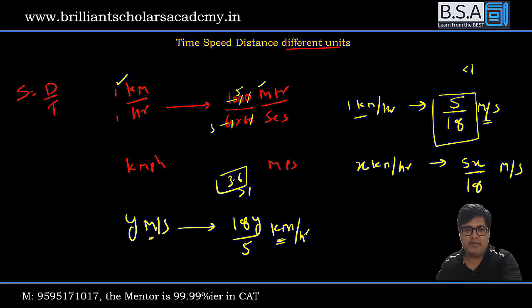So write down this stuff, comment done. We'll build upon this. I'll give you 10, 15 numbers to relate and remember. Jot this down, comment done. This is the absolute basic of time, speed, distance.